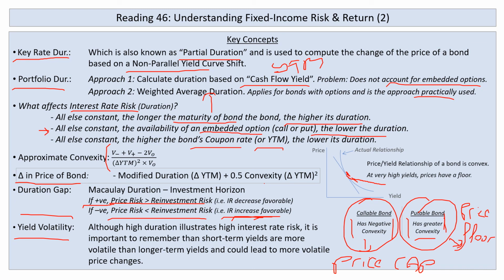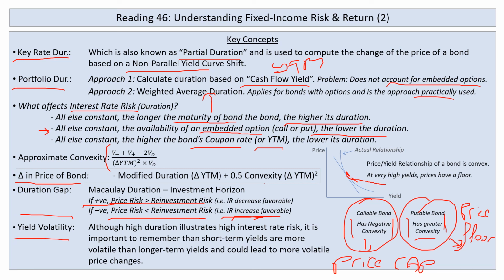Yields on long-term bonds rarely change by 1%. They basically change by a very low magnitude. This is why investors do buy long-term bonds, although their duration and interest rate risk are very large. However, yield is stable. Yield would rarely change by anything more than 10 basis points.